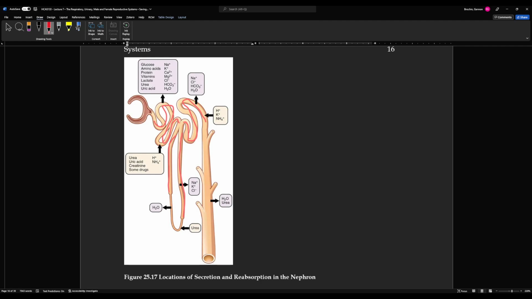Each of these areas have a slightly different lined membrane, and they will all function in slightly different ways in regards to what they actually regulate. So certain areas are going to primarily resorb or excrete certain substances.